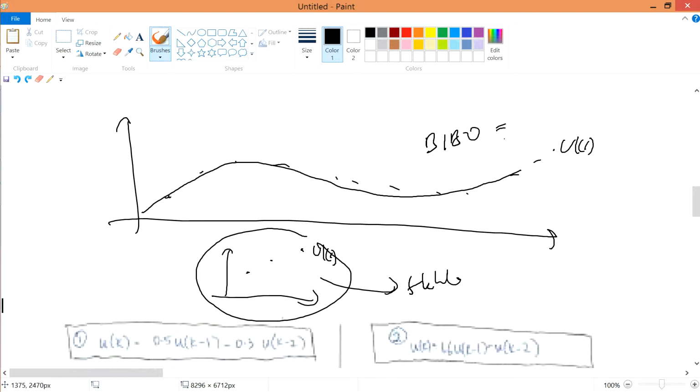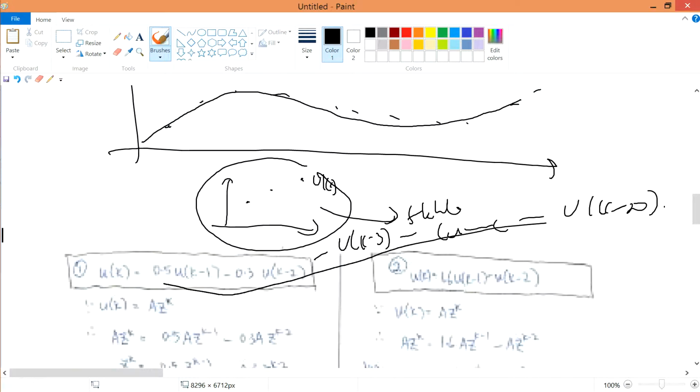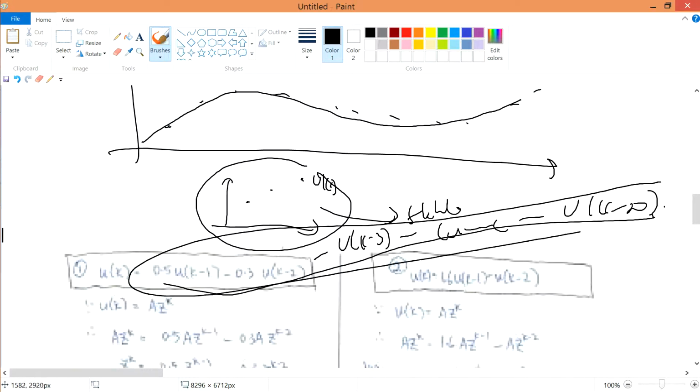This means that instead of having u[k-1], u[k-2], you have u[k-3], u[k-4], all the way to u[k minus infinity]. You're taking a hell of a lot of information. If you sum all of them up together, your value should converge to a constant, or should equal 0.